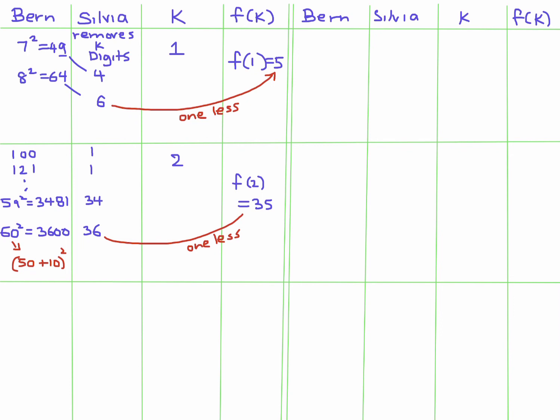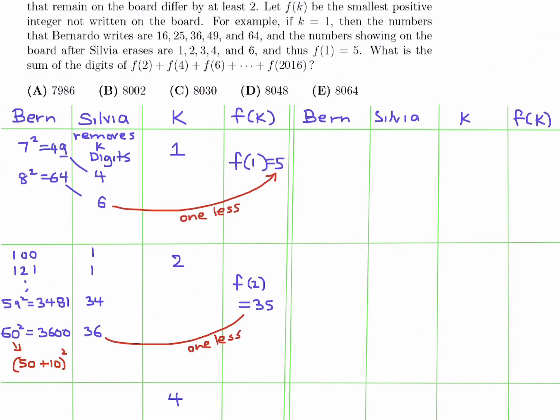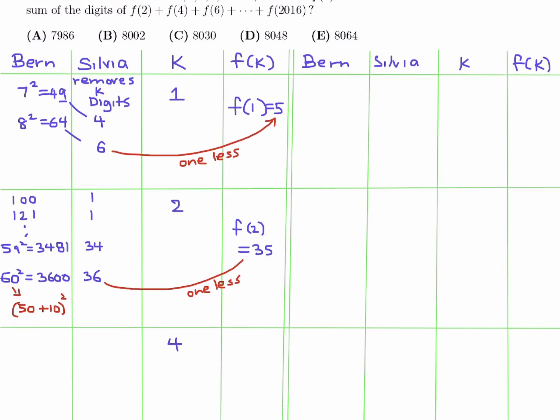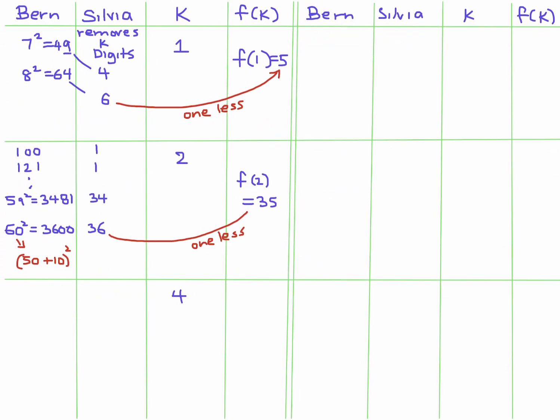When k is 4, remember we have to figure out f at 2, f at 4, f at 6, and so on, so we've got to get some sort of pattern with even values of k: 2, 4, 6, 8. When it's 4, we have 100 squared, which is 10,000 as my initial number. When I remove 4 digits, remember you're always removing k digits, you get 1. The next one is 101 squared, which is 10201. Again, remove 4, you get 1.